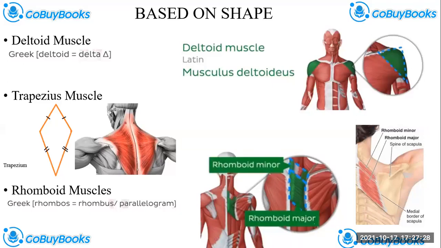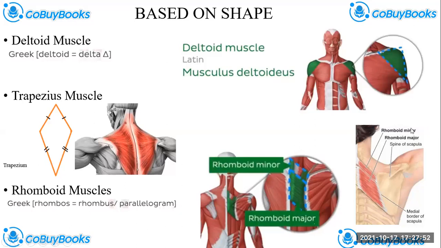The reason that may be causing a little bit of confusion is the fact that there are two rhomboid muscles closely attached. We have the rhomboid major, this big one, and the rhomboid minor. Minor means small. As you can see, the one called rhomboid minor is small. It means the small parallelogram muscle.